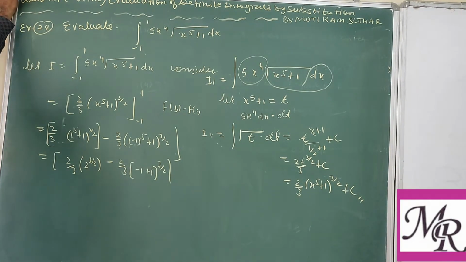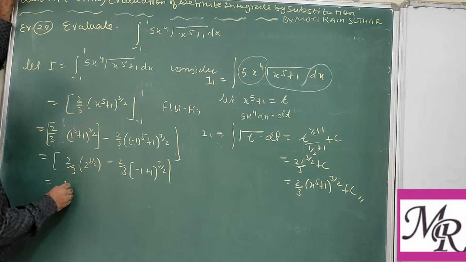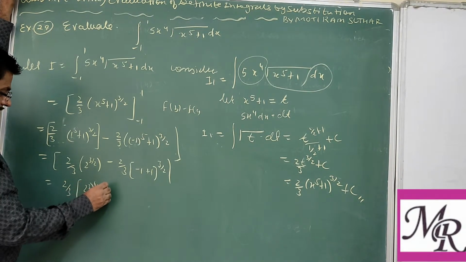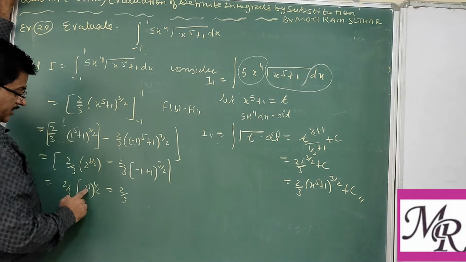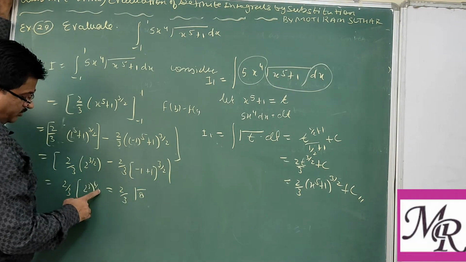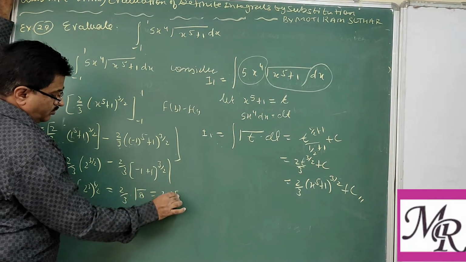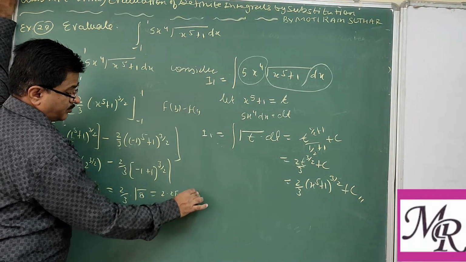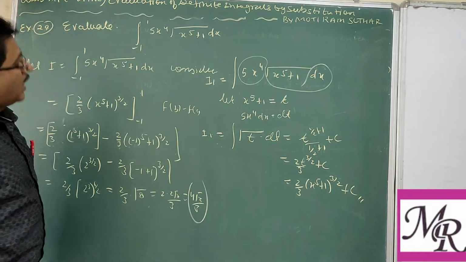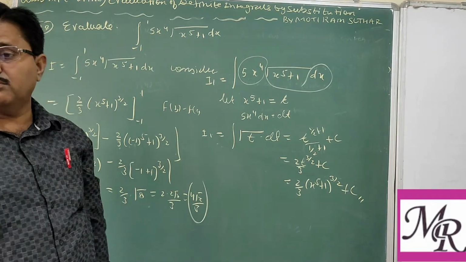So the total sum will be 0 for that term, and only 2 power 3 by 2 remains. 2 power 3 whole power 1 by 2 you can see. So 2 by 3 times root of 8. 2 power 3 is 8, so root 8 is 2 root 2. So 2 into 2 root 2 by 3, that is 4 root 2 by 3. So this is the value of the definite integral. It is 4 root 2 by 3.